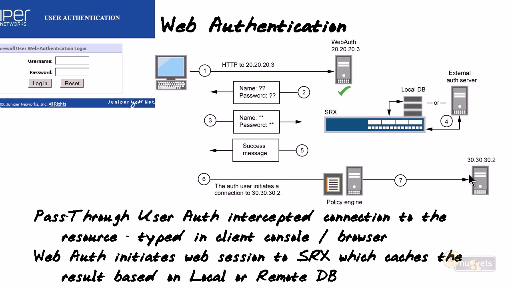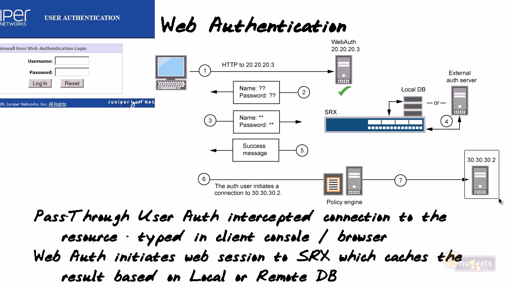Here, though, with web authentication, we're going to put in the browser the IP address of the WebAuth service. Okay, so on the SRX, it'll probably be this outside interface or the interface in the untrusted zone, 20.20.20.3. That's what we're going to HTTP to, as opposed to with pass-through. Remember, with pass-through, the SRX intercepted the connection to the resource that they typed in there.